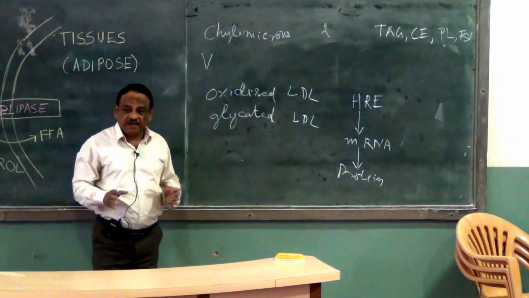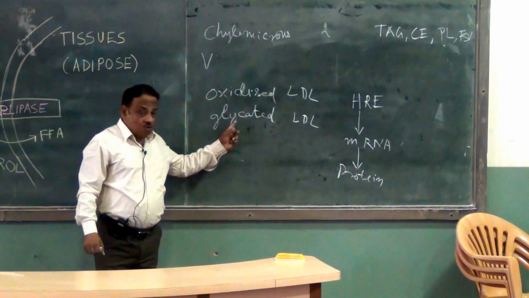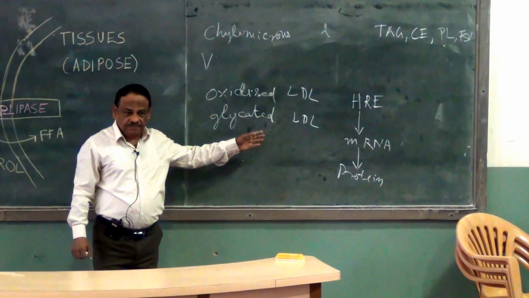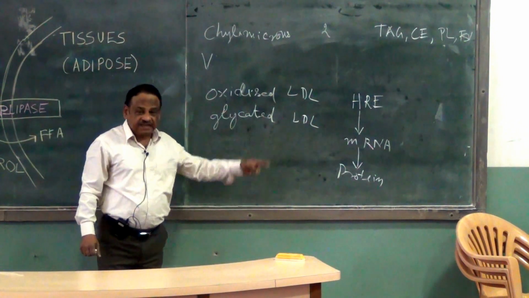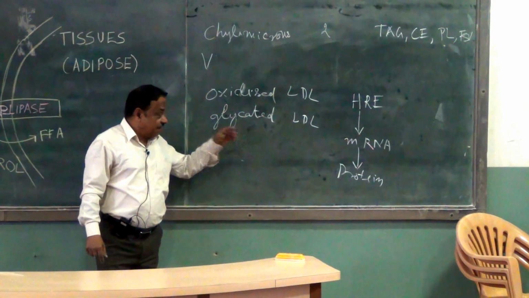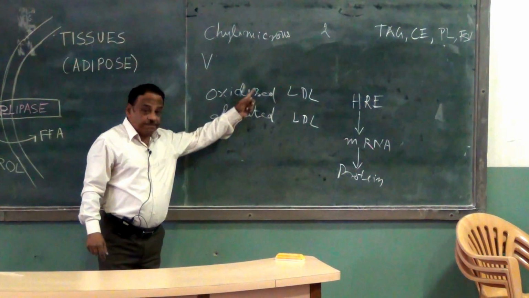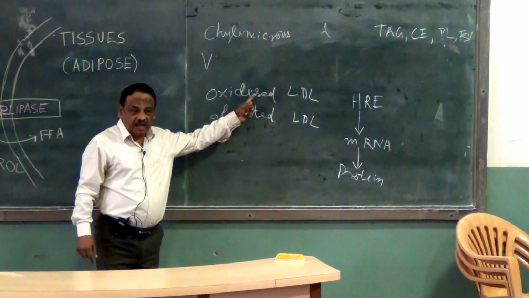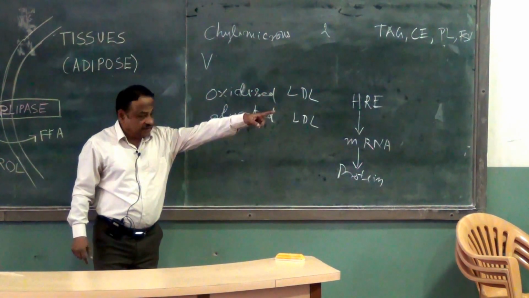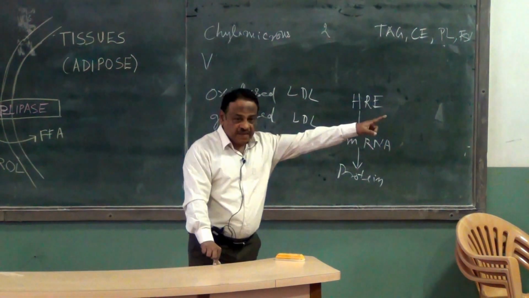When there is hyperglycemia, diabetes mellitus, the glucose present in excess can join with the LDL apoprotein and get glycated, like glycated hemoglobin. So there will be an excess of glycated LDL and oxidized LDL. These two are abnormal LDL, and so they are not absorbed in this manner. This oxidized LDL and glycated LDL does not follow this mechanism.